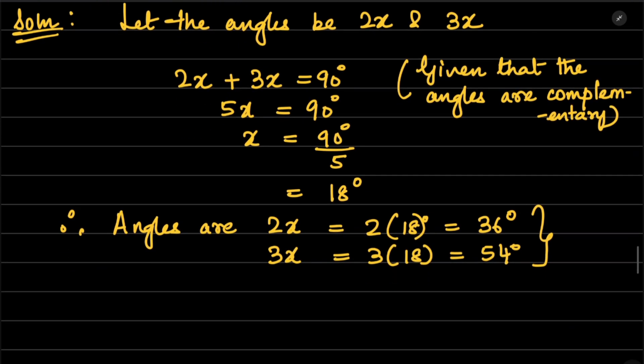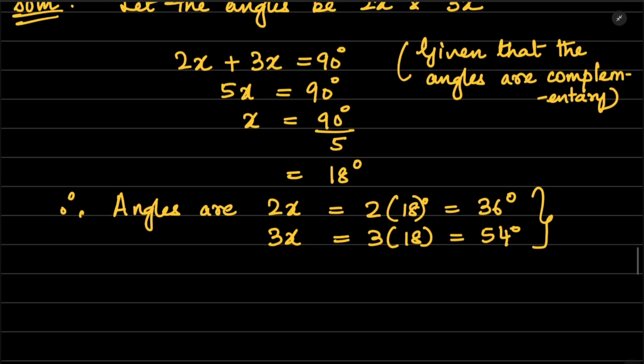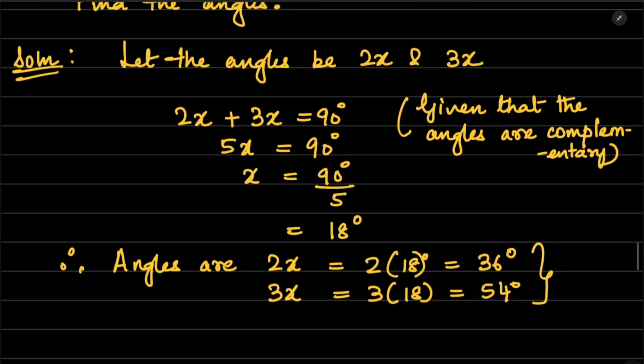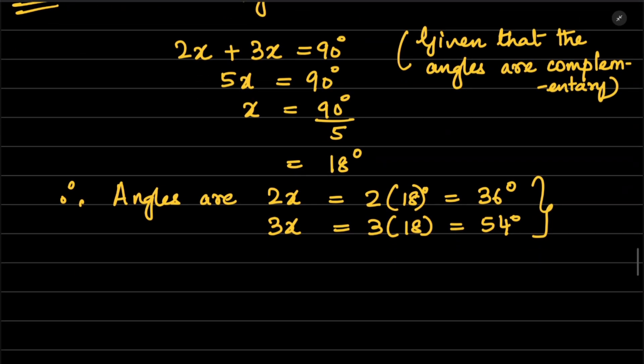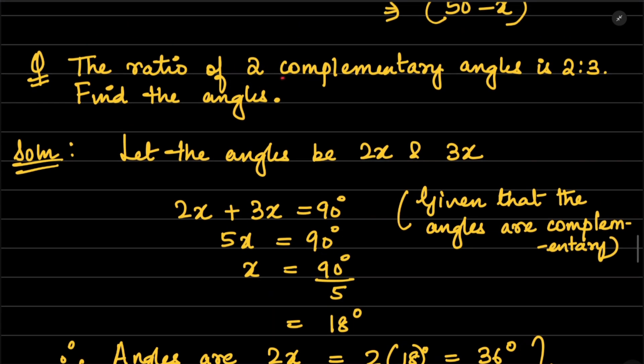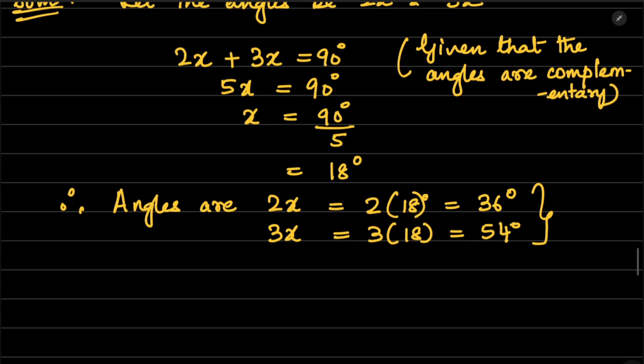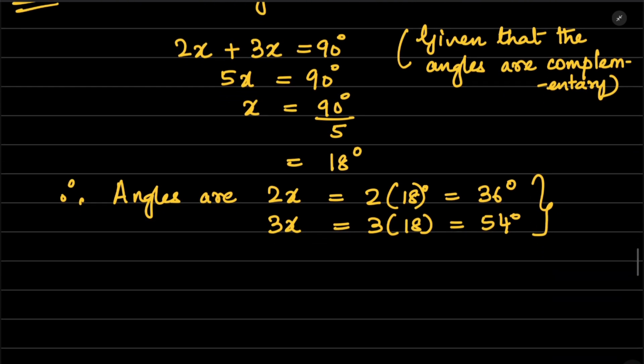The required angles are 36 and 54, and they are complementary to each other. If you add 36 and 54, you will get 90. That's why they have been called complementary, and that's why we applied the sum as 90 degrees.